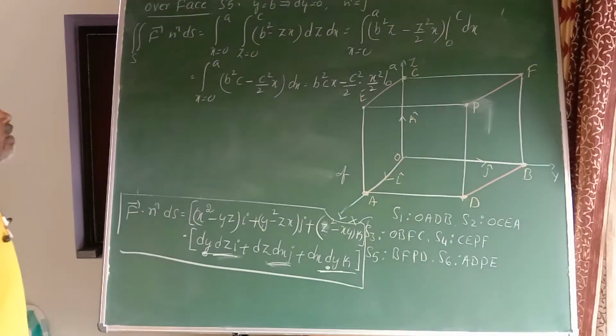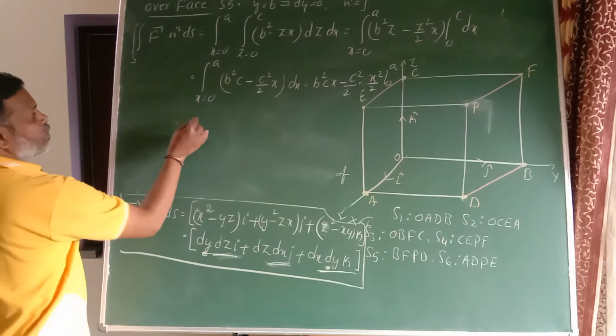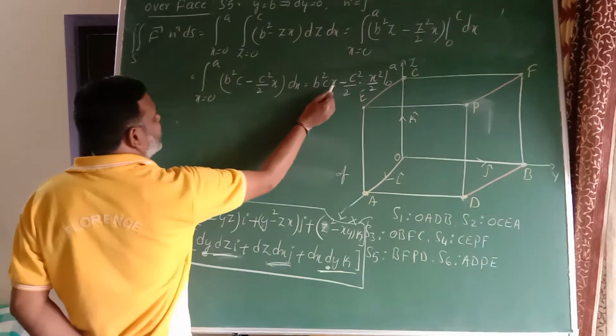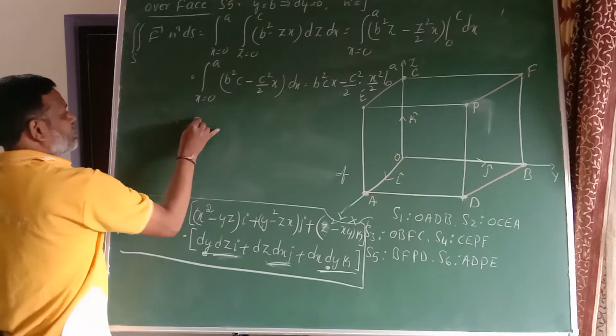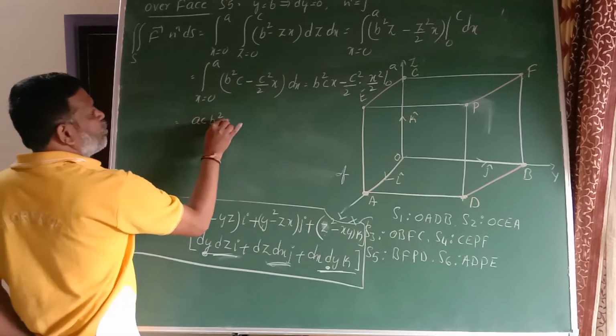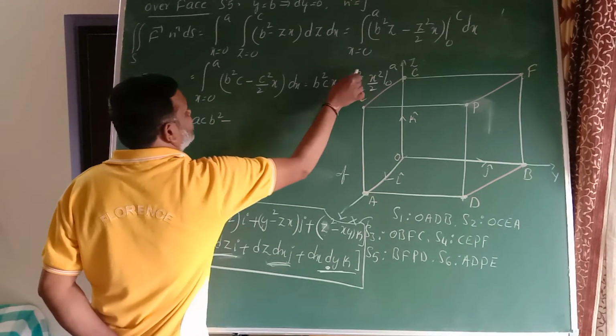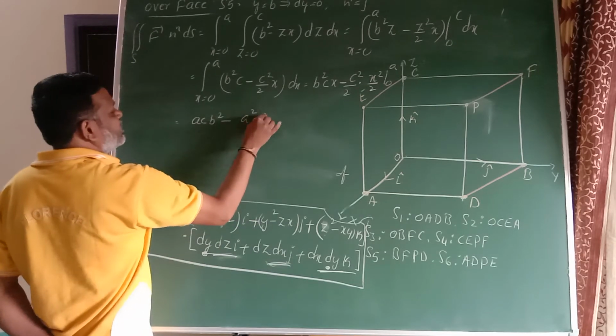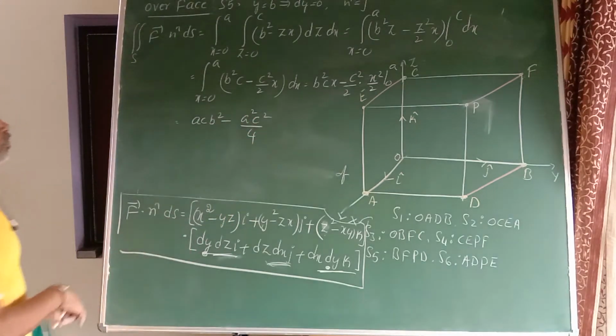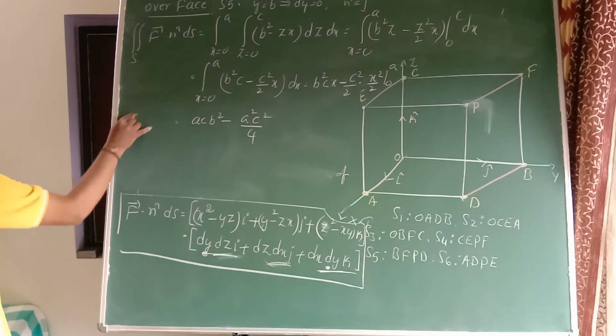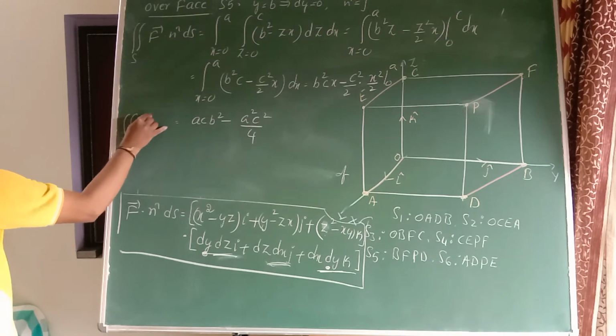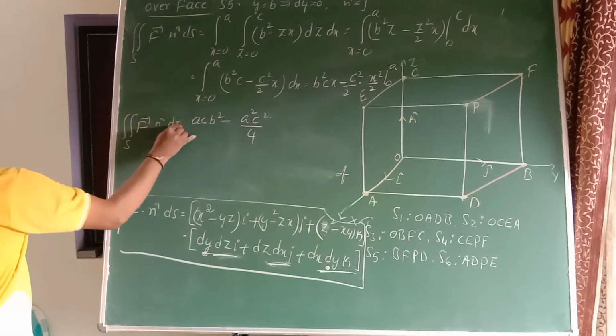Okay. Just apply the upper limit here. Upper limit is a. So when a is there, a c b square minus a square c square divided by 4. This is the double integral over s of f dot n cap into ds.